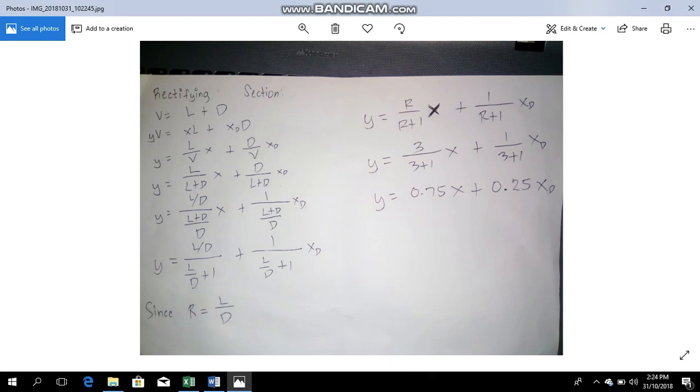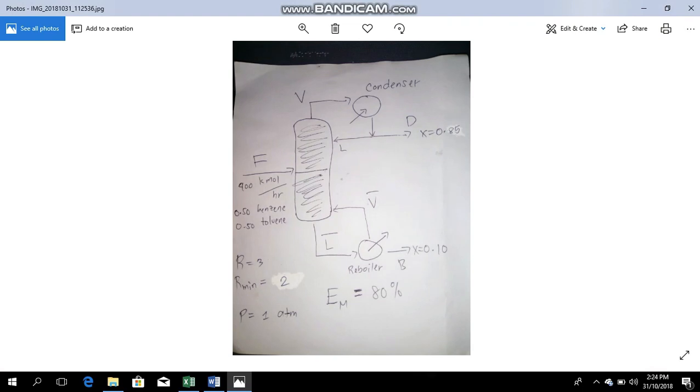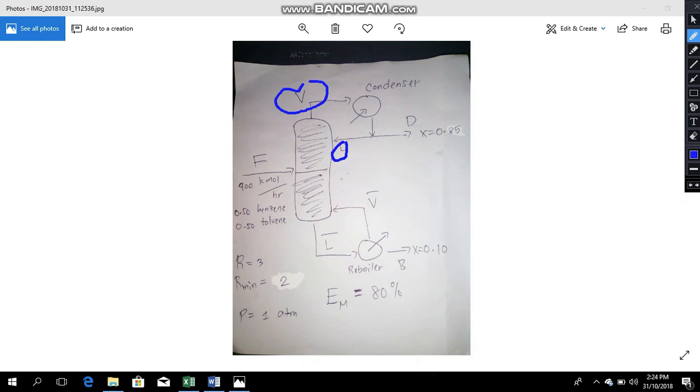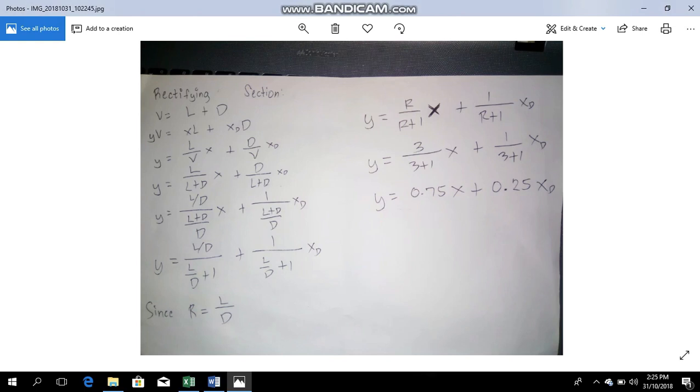So this is the equation: V is equal to L plus D. That's the vapor here, and the L plus D. So as we expect, V is equal to L plus D. The mole fraction of the benzene in the vapor is designated as y. In liquid, it is x, and xD in the distillate.